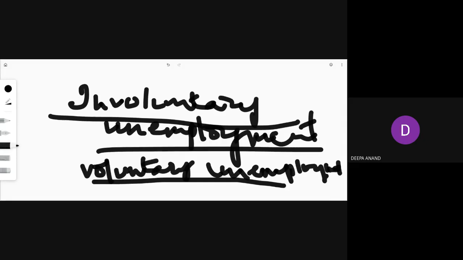So you need not work, because it does not have any impact on the economy. As you are not ready to work, you don't have employment. So voluntarily you are unemployed. That is known as voluntary unemployment. You are unemployed because you are not willing to work at the existing wage rate or whatever.